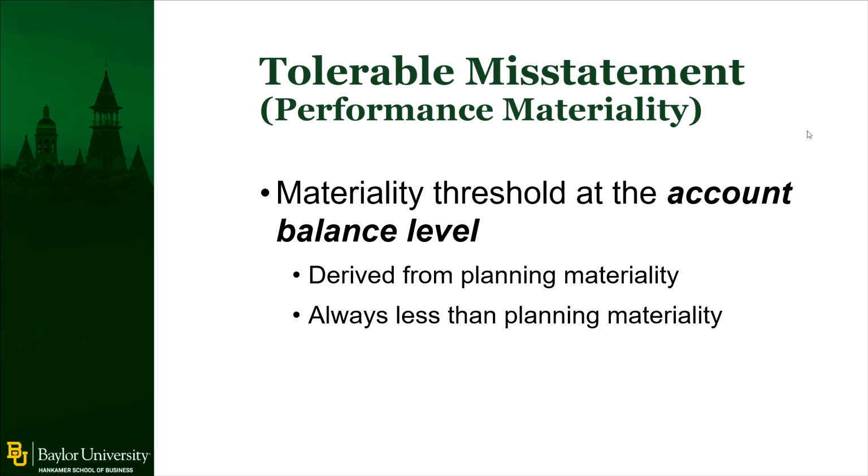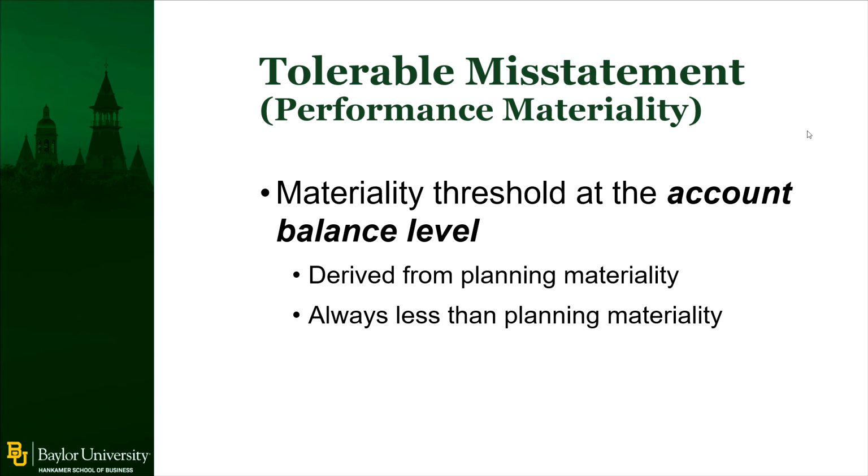So if I set tolerable misstatement to be 50% of overall materiality for cash, and 50% for accounts receivable, and 50% for inventory, I'm already at 150% of planning materiality when I add those three together. At the individual account level, they're less than planning materiality, but in sum, I'm already at 150%.